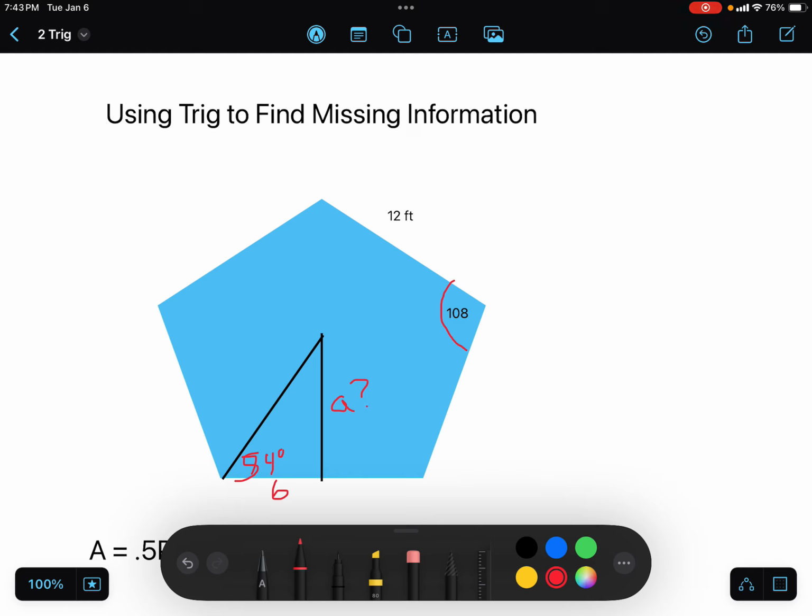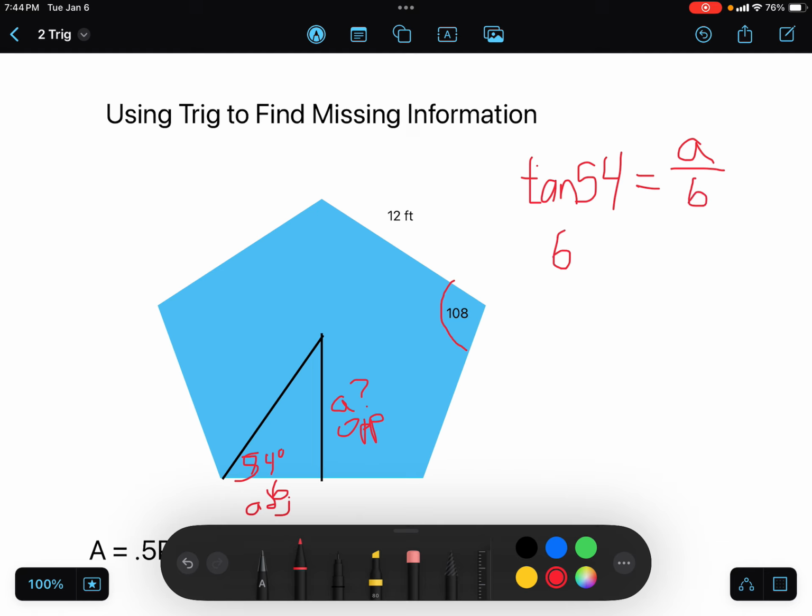The apothem is acting as the opposite side, and the 6 is acting as the adjacent side of this little right triangle here. So we can find the length of that apothem by making the tangent of a 54-degree angle equal to the opposite side, which is the apothem, over the adjacent side, which is 6.